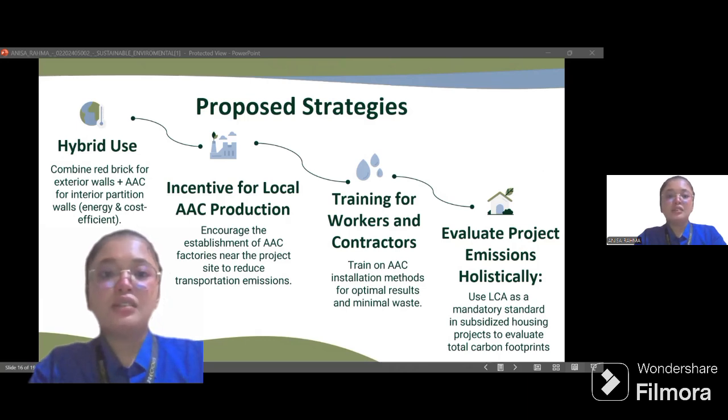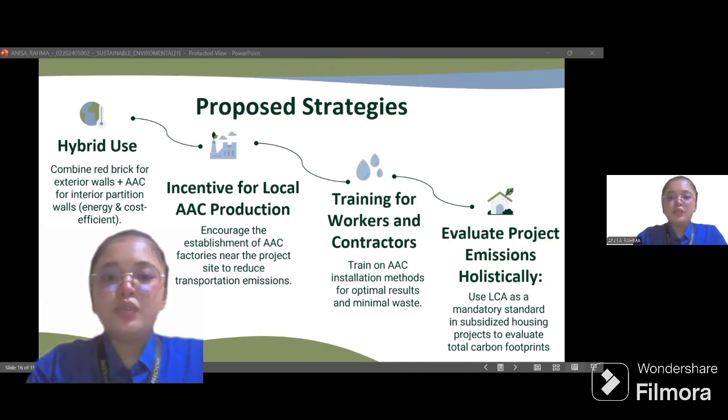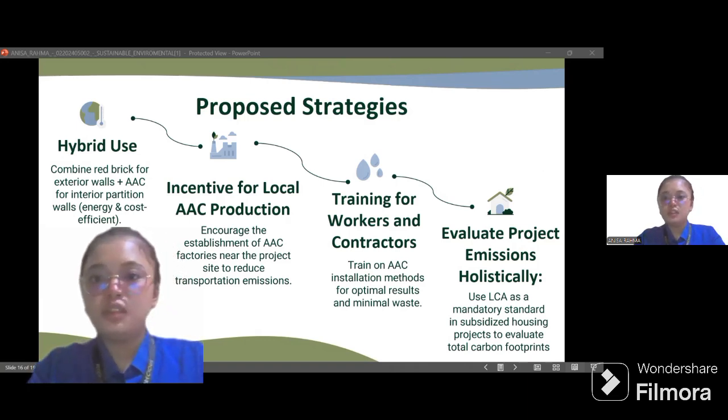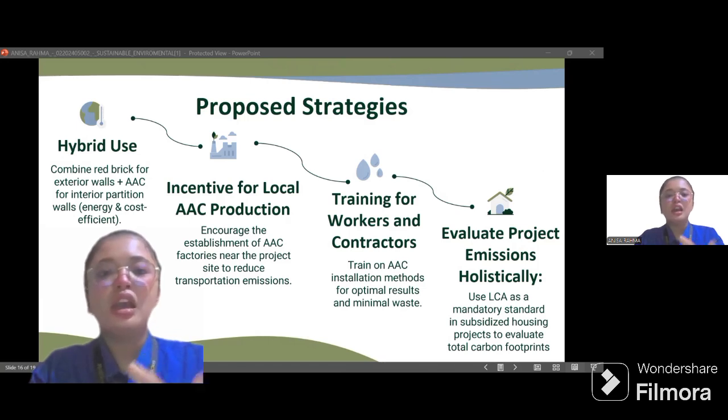The next part is incentive for local AAC production. One of the weaknesses of AAC in LCA is transportation emission due to the long distance that AAC bricks are shipped, sometimes between cities or even provinces. By incentivizing the establishment of local AAC production plants, transportation distance can be drastically reduced.